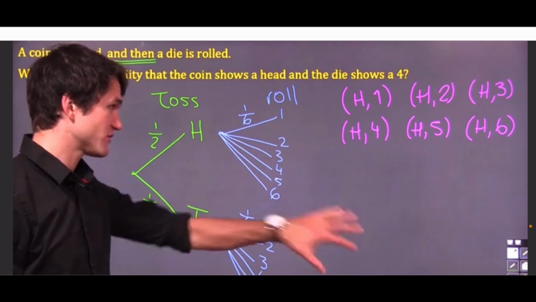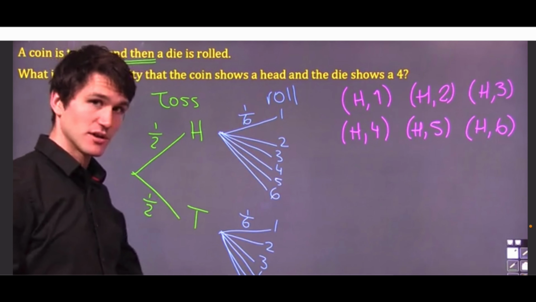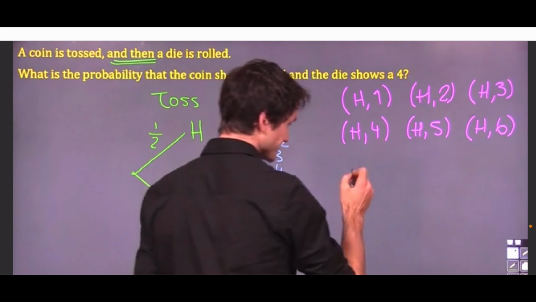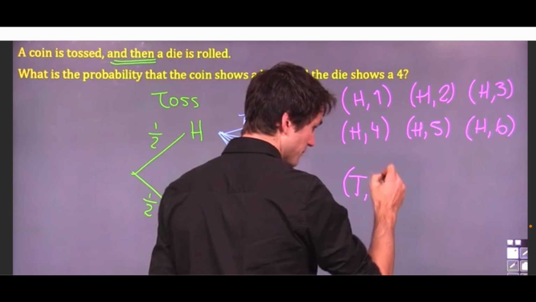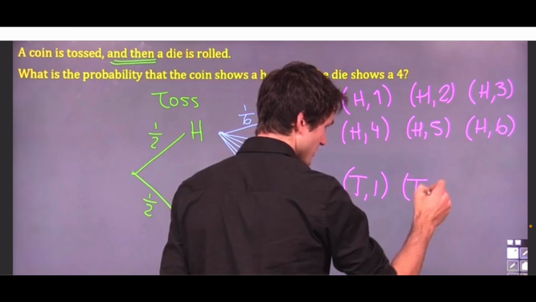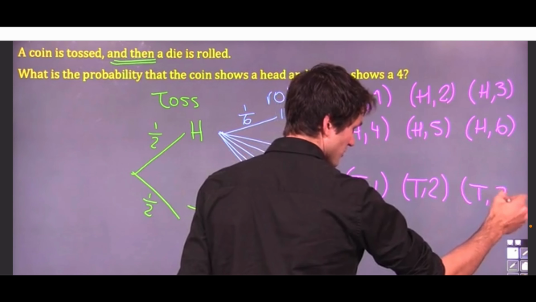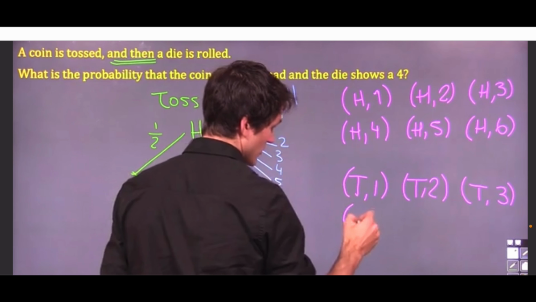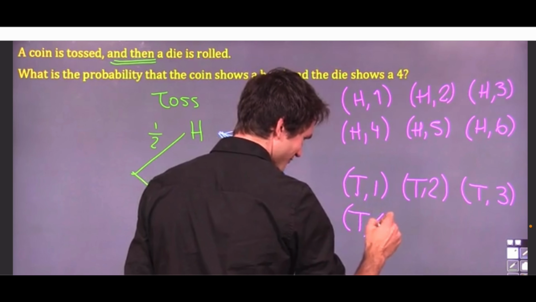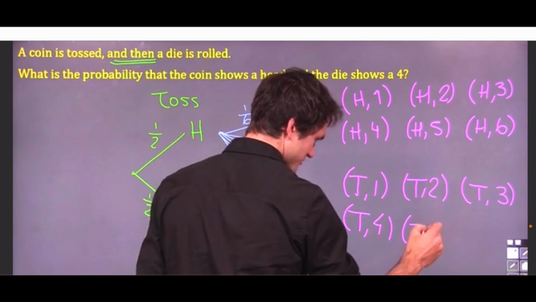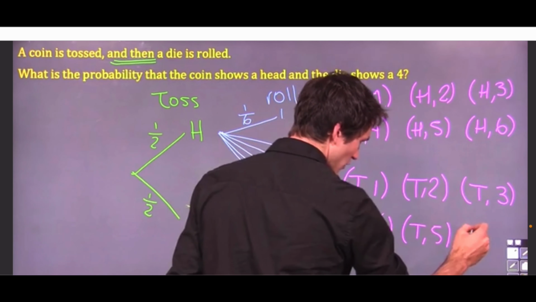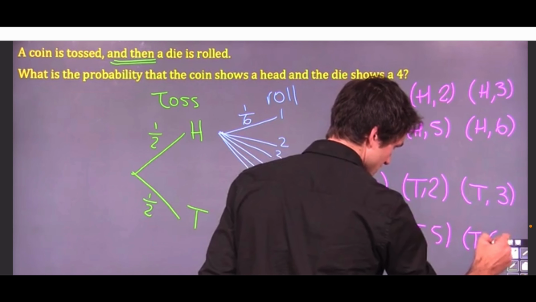Exact same thing if we first flipped the coin and got tails. We could have got tails and then rolled a 1, or tails and rolled a 2, tails and a 3, tails and a 4, tails and a 5, or tails and a 6.